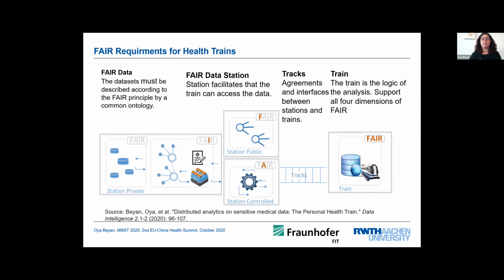Do we still need to care about being FAIR? Definitely yes, and maybe more than for data sets. We should definitely describe data as FAIR data sets, enriched with these ontologies. We should have our stations in accessible protocols, and we should have trains described with rich metadata and in a reusable manner.